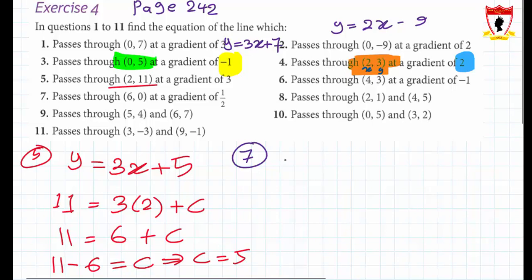Question 7, the gradient is 1 over 2, so y is equal to 1 over 2x plus c. c is missing. To find c, we use the given point, which is (6, 0).